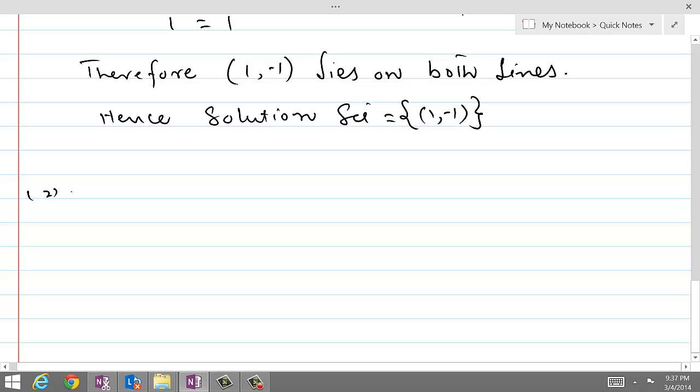For that, we will use procedure 2, and this is 2x plus 3y equal to minus 5, and the second equation is x over 2 minus y over 3 equal to 2.